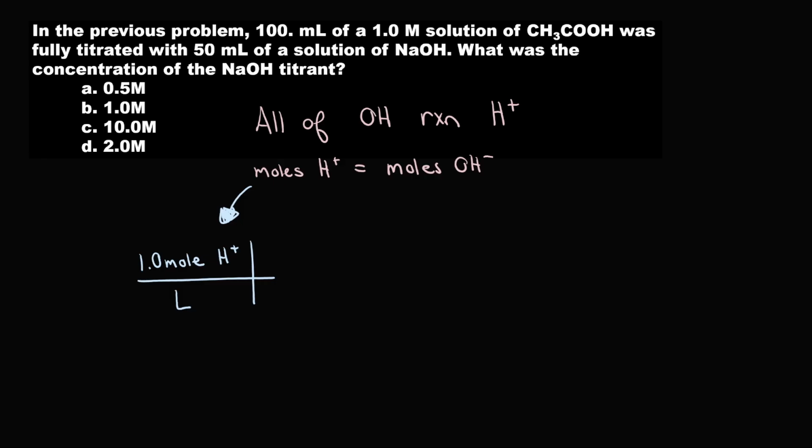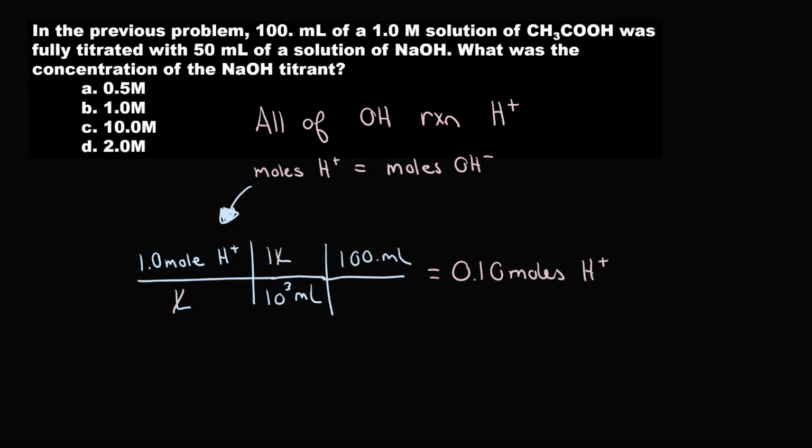We know from previous videos that 1 liter will equal 10 to the 3rd milliliters due to the prefix conversion. And so now we can get rid of liters, but now we have to cancel out milliliters somehow, and that's using the rest of the information of 100 milliliters. When we do our conversion here, we are shown that there is 0.10 moles of H plus that could possibly be present within the solution.